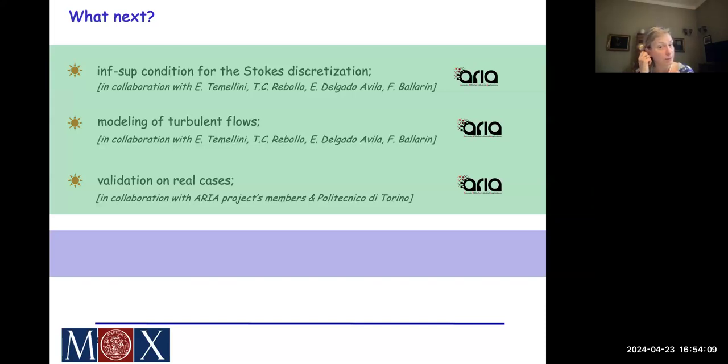And all this activity, as part of this presentation, has been carried out in the context of the European project ARIA, whose principal investigator is Angelo Iollo at Bordeaux. So in collaboration with other members of the ARIA project team, we are trying to validate our approach on real cases, such as patient-specific configurations.